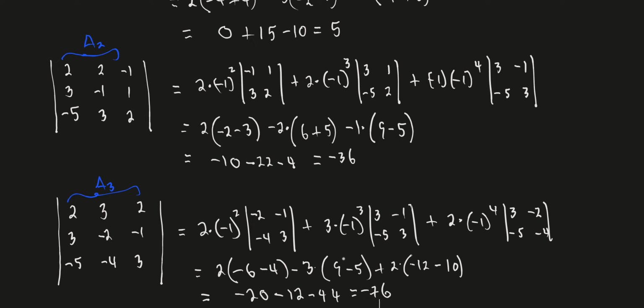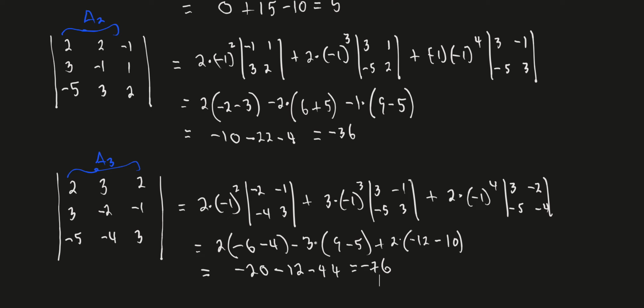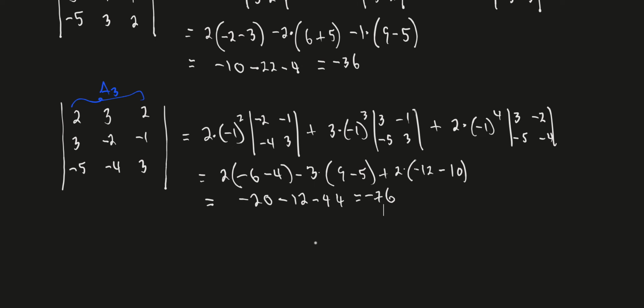So just as a reminder, let me write down the numbers now. I'll just summarize what we have, so we get all the relevant numbers on the screen together. So we got that the determinant of A is negative 11.